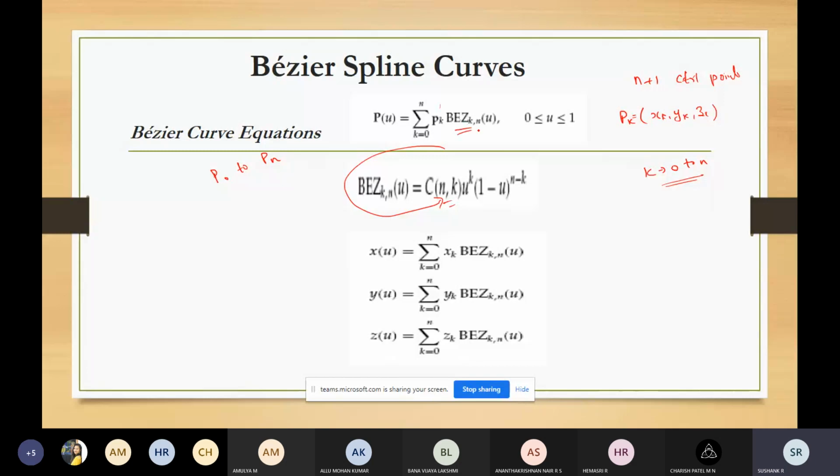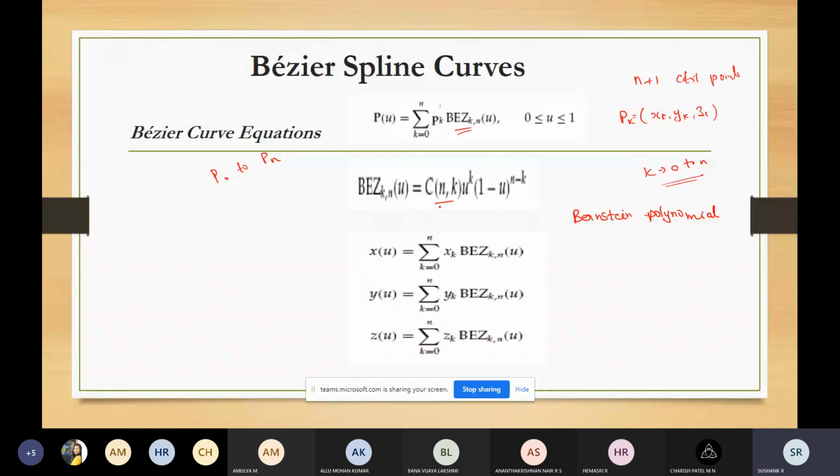Then we have this BEZ function. What does this BEZ function mean? It is the blending function. BEZ of k comma n is the blending function, which is known as the Bernstein polynomial, given by C of n comma k, u power k, (1 minus u) power n minus k.